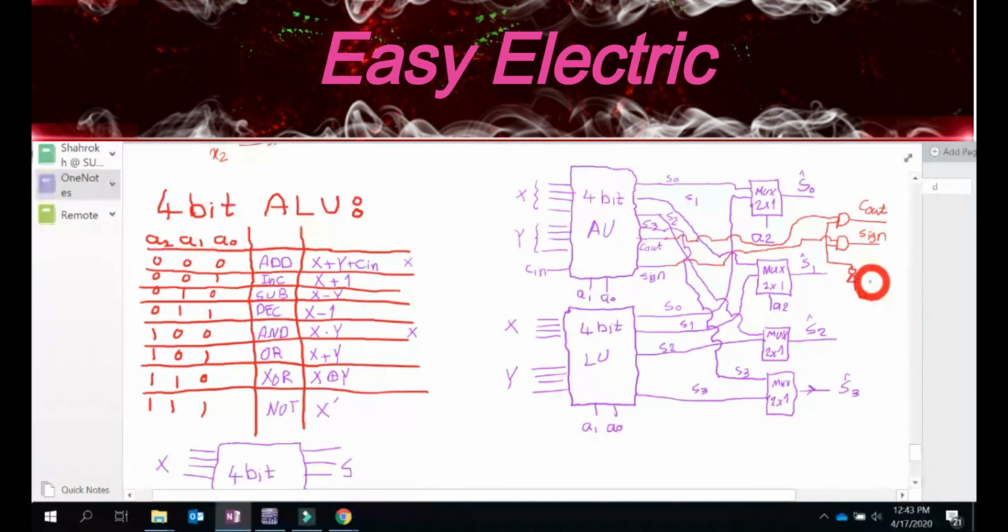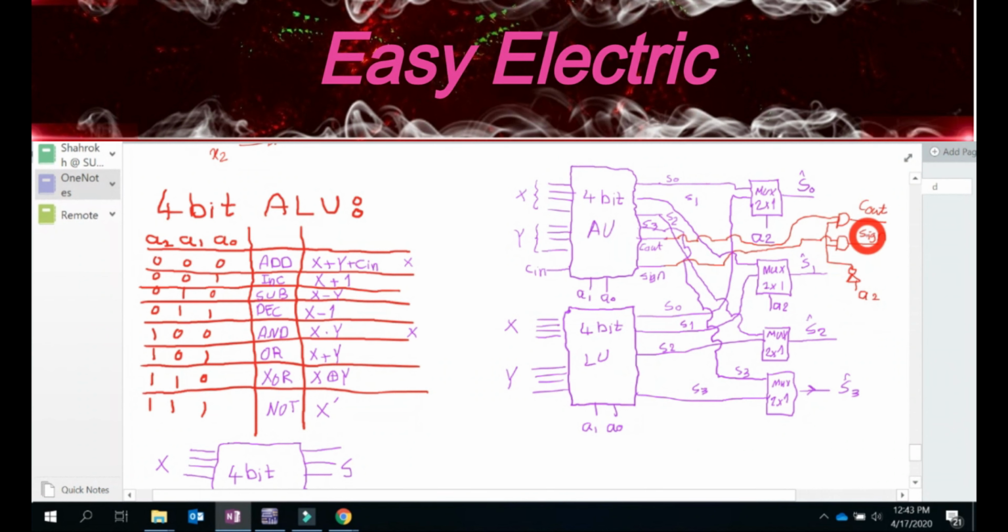So what is this C out, sign? So see, I put the 2 ANDs, where one input of these 2 ANDs is A2 NOT, right? So that means check these tables. Whenever you have the LU, which is whenever A2 is 1, it is LU, right? So that means this is 1, the NOT is 0. So that means one input of these ANDs is 0.